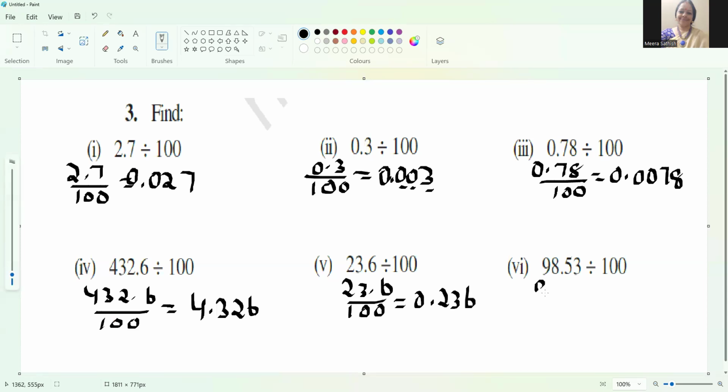Now here 98.53 by 100. So 2 decimals in the numerator, 2 zeros down, total 4 decimal places, 0.9853. Clear? Next one. Thousand.